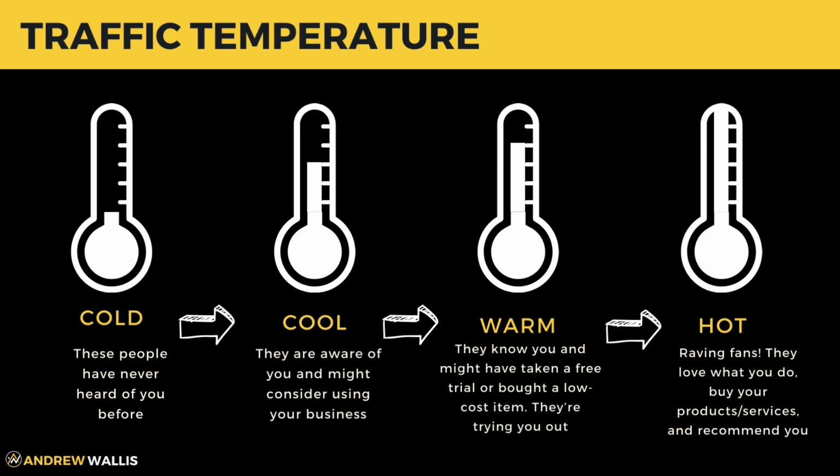So I've got that mapped out again. The cold audience, generally people that have never heard of you. Cool, they might be aware of you and might consider using your business. Warm, they know you and they may have taken a free trial or bought one of your low cost items. You know, they're kicking the tires, they're trying you out on that side.